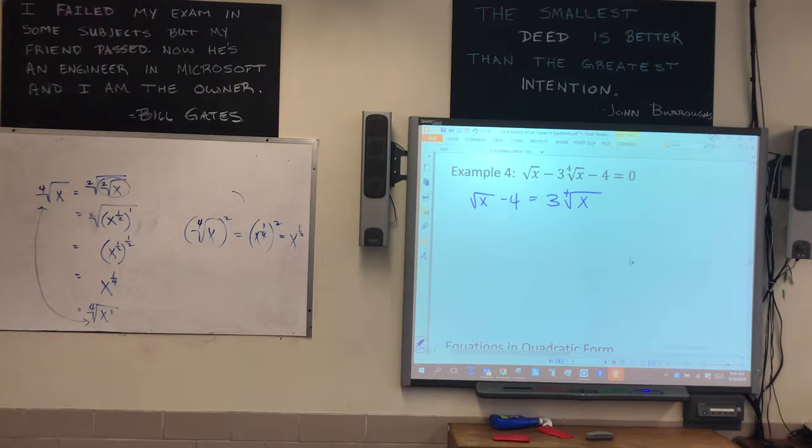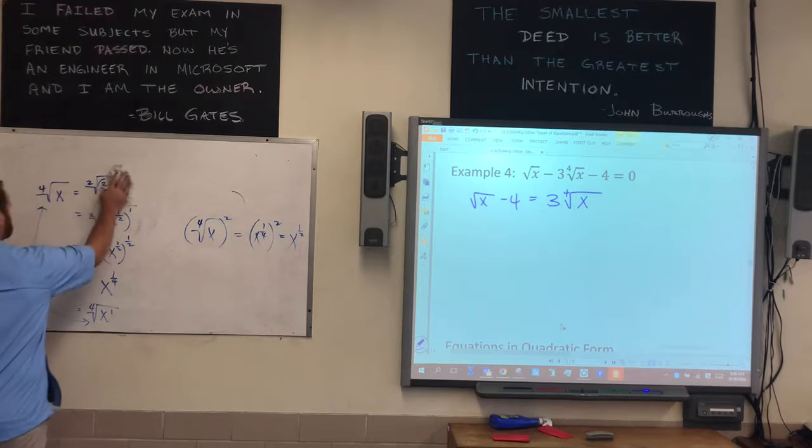Now, you might not be a fan of trying to get rid of this 4th root right away, okay? You guys remember Pascal's triangle from last year? Okay, we used it with something called binomial expansion.